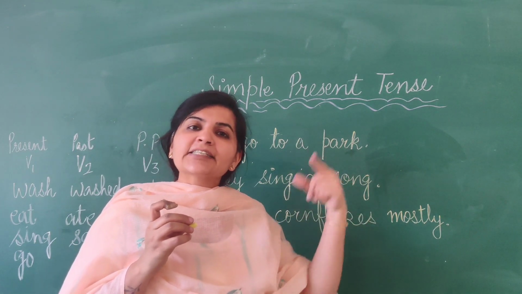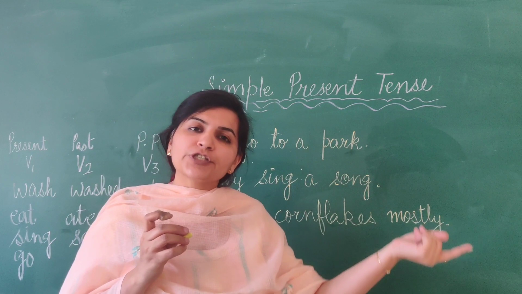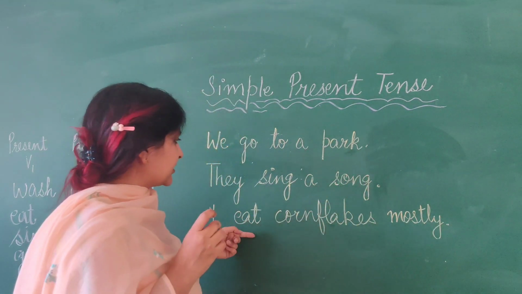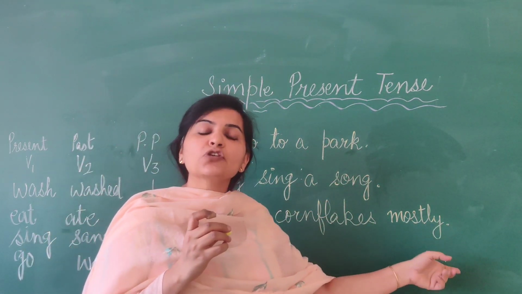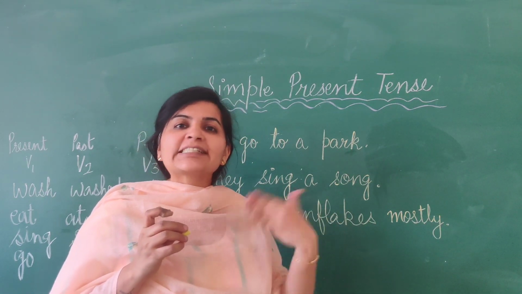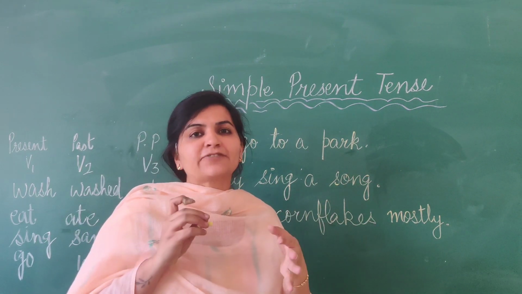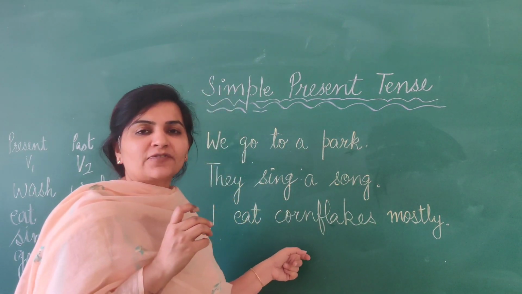So they sing a song for practice, they sing a song in the auditorium, like that. Third, I eat cornflakes mostly. This tells you that for your breakfast, most of the time you eat cornflakes. You may change your breakfast, but mostly you eat cornflakes.